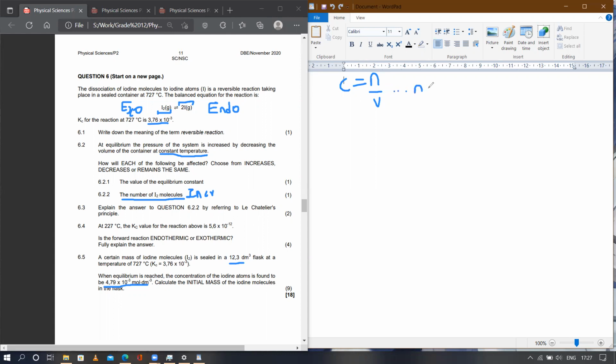So your number of moles is gonna be 12.3 multiplied by 4.9 times 10 to the exponent negative 3, which is equal to n = CV.